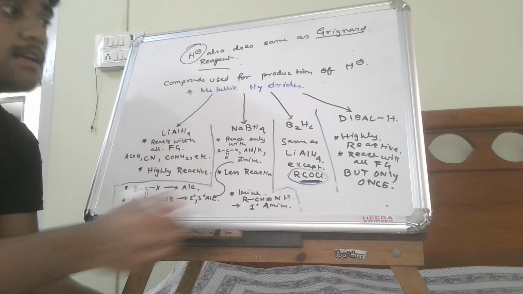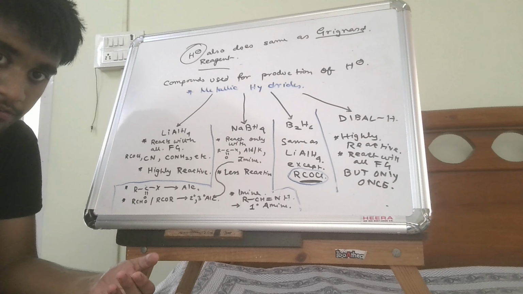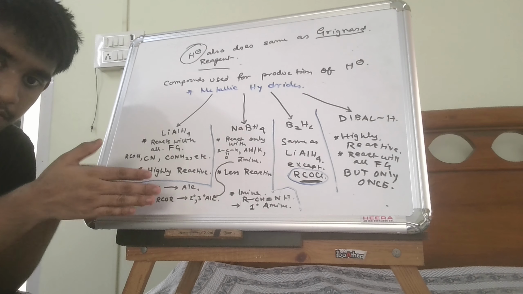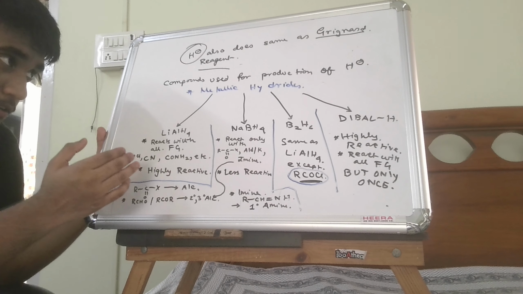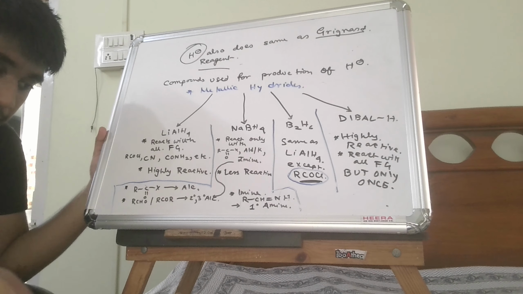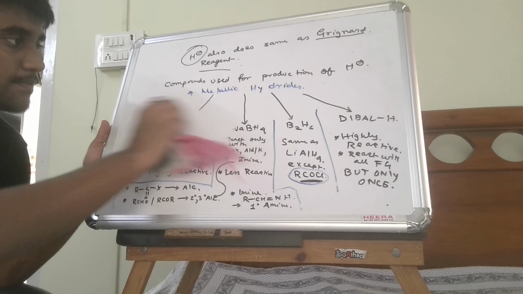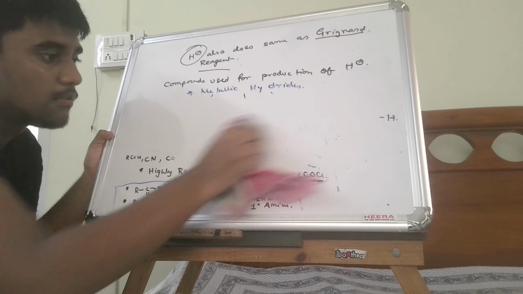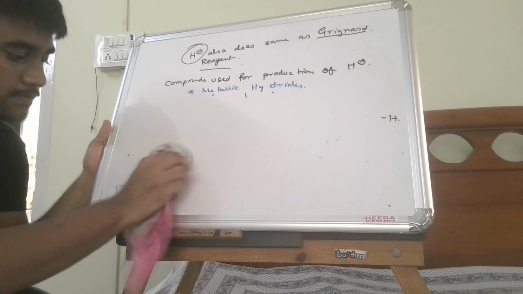Why only once? If we see the structure of DIBAL-H, we will get it. I hope that you all have noted this part because it's very important. Now let's draw the structure of DIBAL-H to understand this.